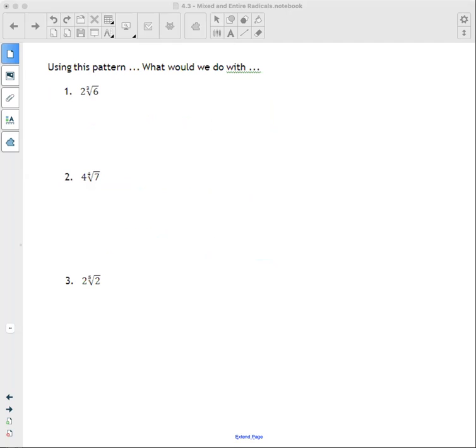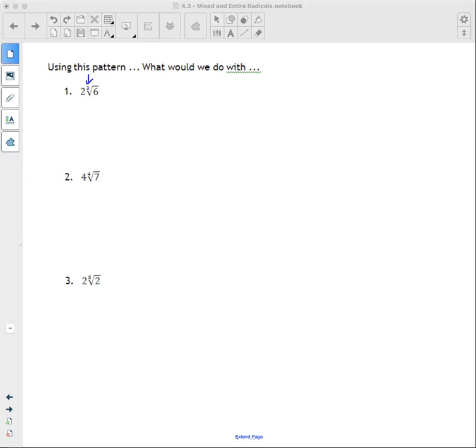Okay, so again, if we do not see a number right there, the index, it is assumed that we're taking the square root. So when we're taking square roots, we're taking out pairs. If we're simplifying radicals, or unsimplifying them, turning them into entire radicals, we were looking for pairs, or we're going to put 2 back in. Now we are taking the cube root.